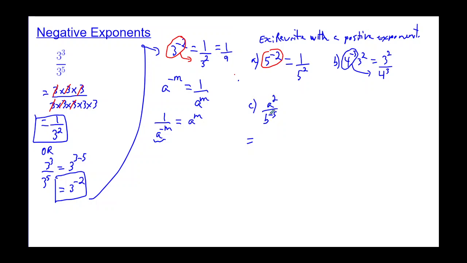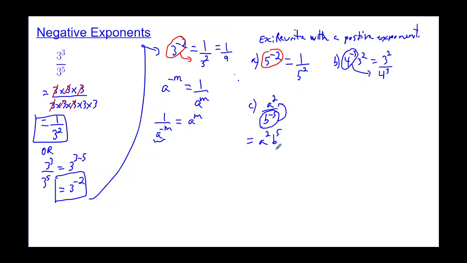We can't divide these by just subtracting the exponents because the bases have to be the same in order to do that. So remember, our rule for dividing was that if the bases are the same, we keep the base and subtract the exponents. They're not the same here, but we can take this power that has a negative exponent and move it from the denominator into the numerator, and that will give us a positive exponent. So we'll get a squared, that doesn't change, and b to the 5.